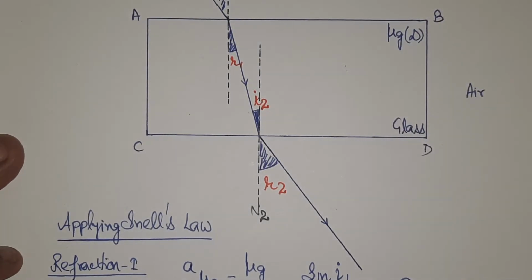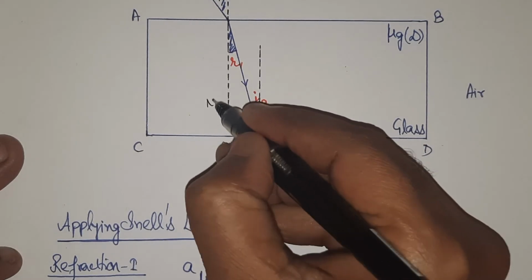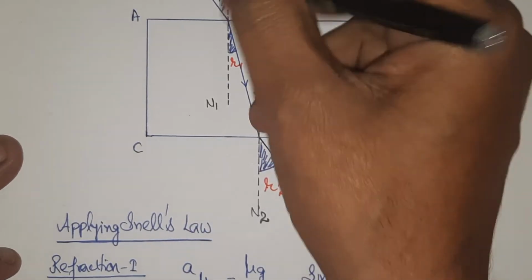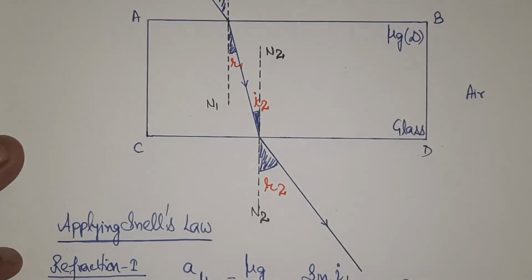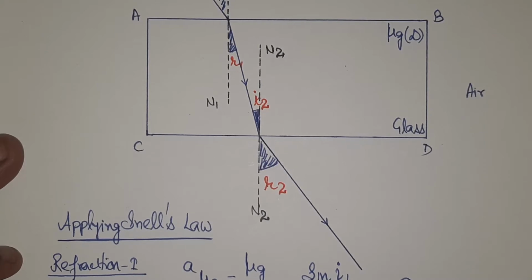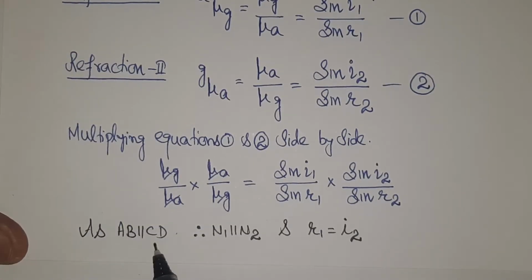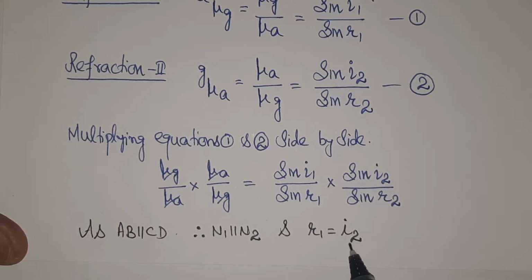Why? Because this N1 and N2 both are parallel, and this is a line cutting both these parallel lines. So R1 should be equal to I2. In the diagram, AB is parallel to CD, so the normals are both parallel and R1 is equal to I2.